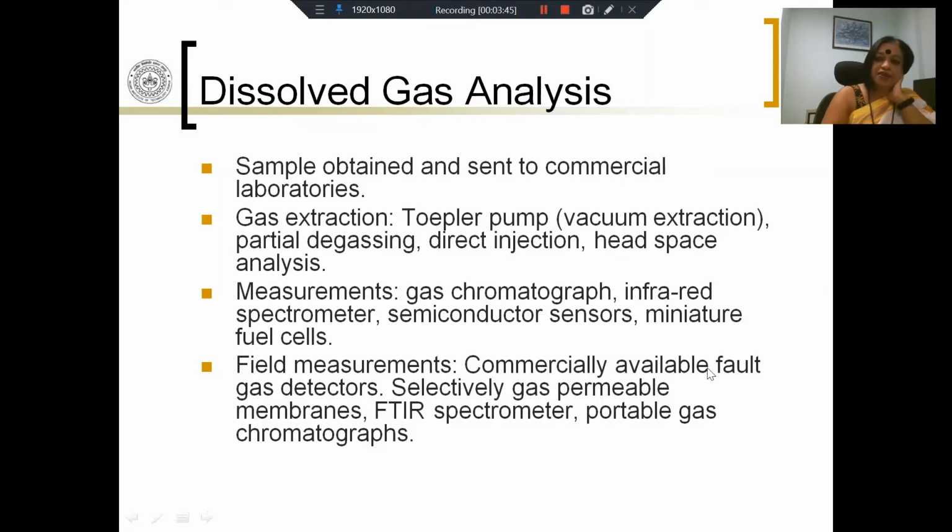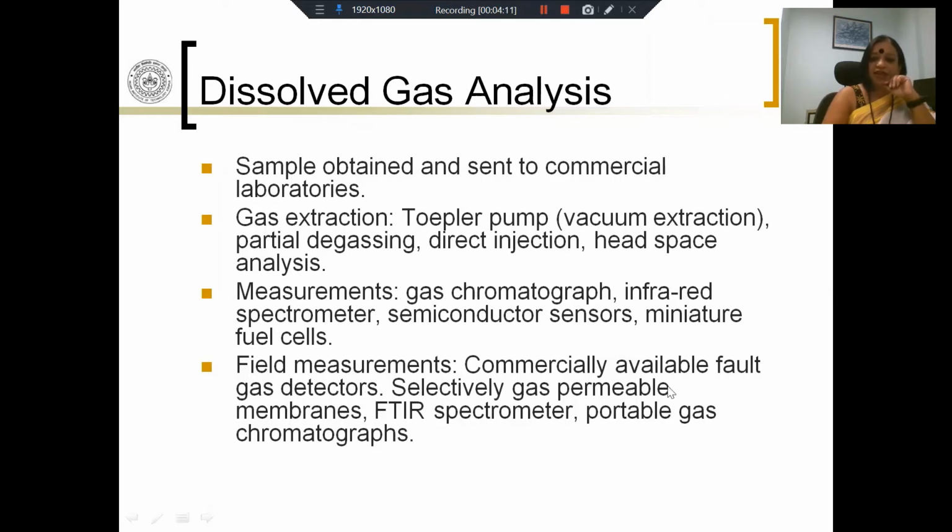These are various techniques in which the gas is extracted, and then this gas is measured for its constituents using gas chromatographs or infrared spectrometers, semiconductor sensors, miniature fuel cells. In fact, portable gas chromatographs are also available these days. So you can do actual field measurements with commercially available fault gas detectors.